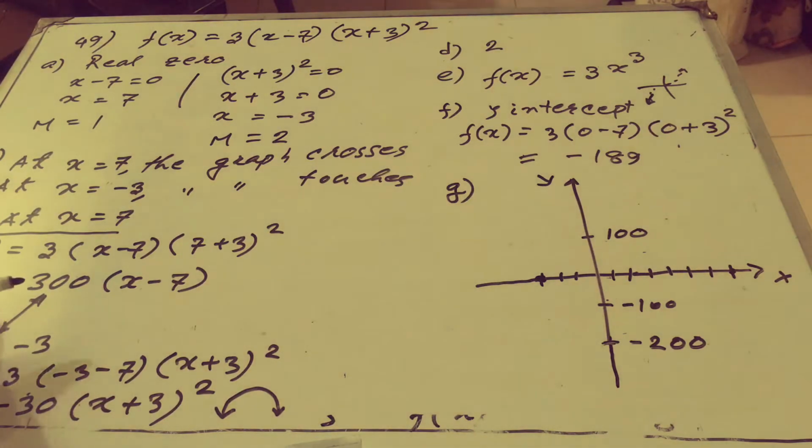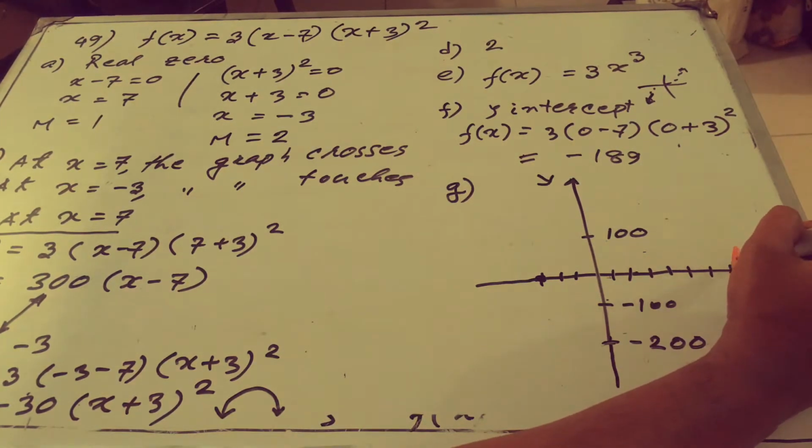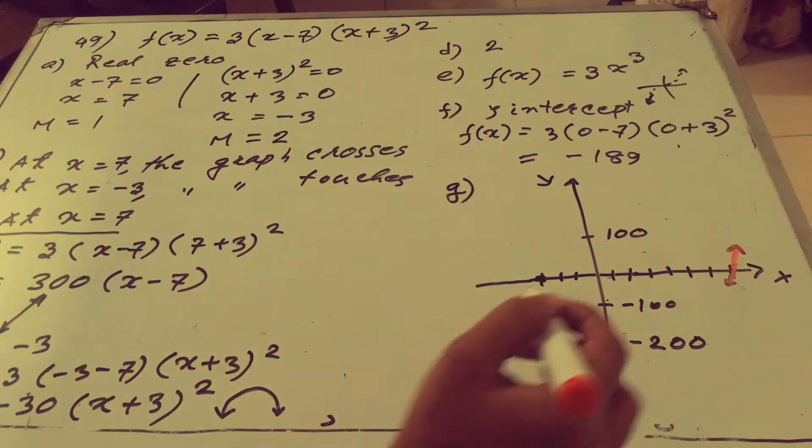Now look at the behavior. At x equals to 7 we have some positive slope straight line. That means at x equals to 7 the line is like this, and at x equals to minus 3 this is some negative opening parabola.